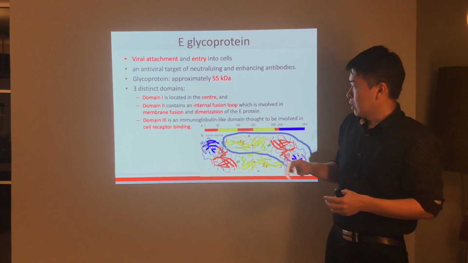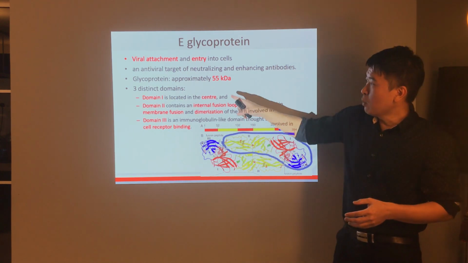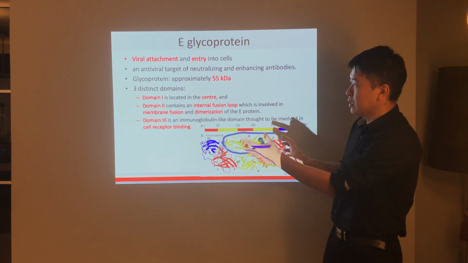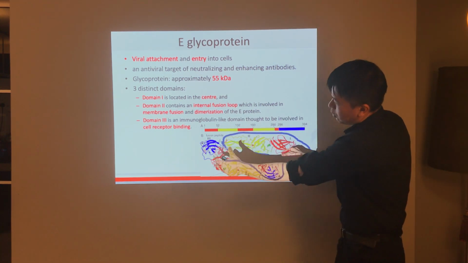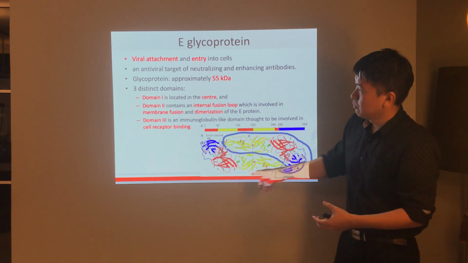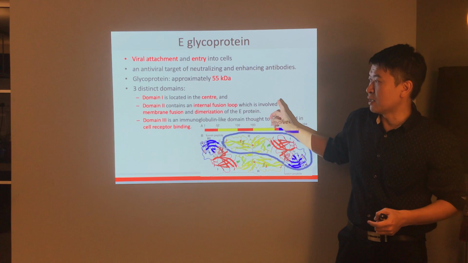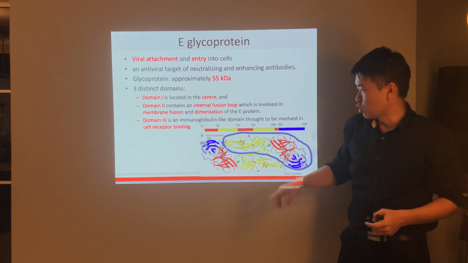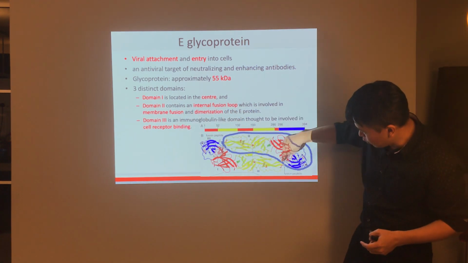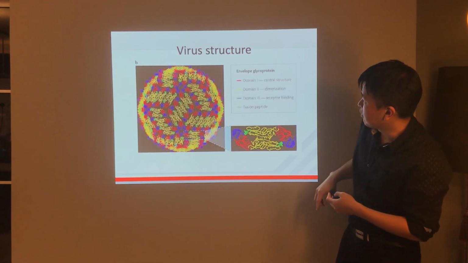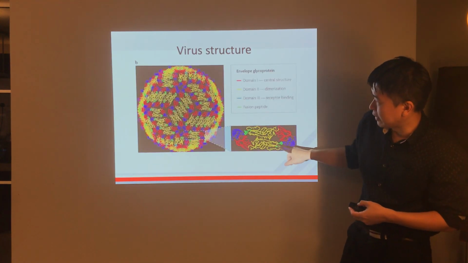Okay, so domain 1 is normally the center, where it carries domain 1 and domain 3 and domain 2 together. And domain 2 has an internal fusion loop which is involved in the membrane fusion. In here, which is the orange color, but if you look at the previous one, it's the green color here.